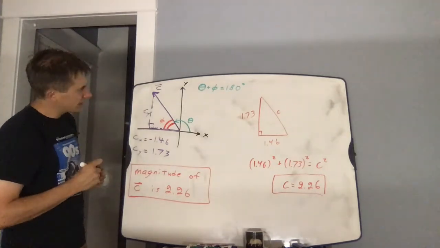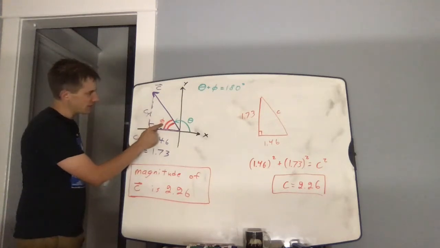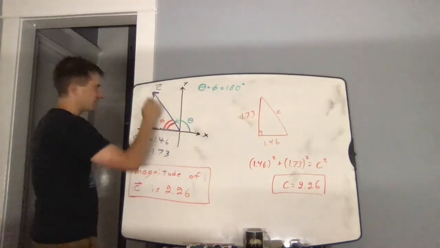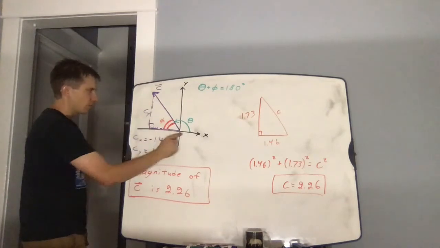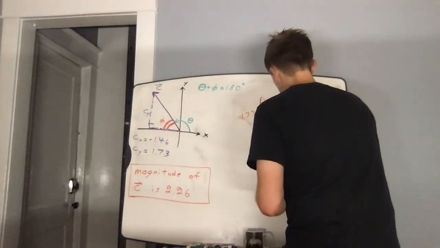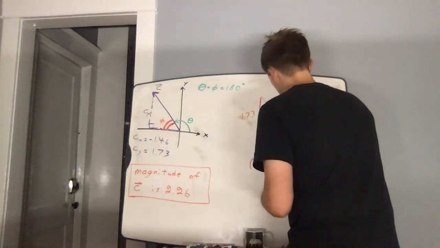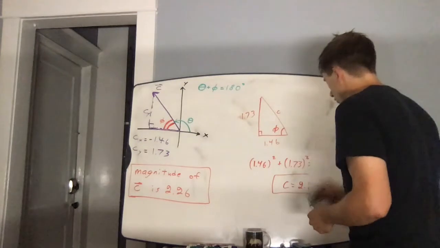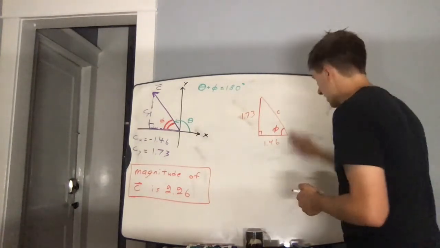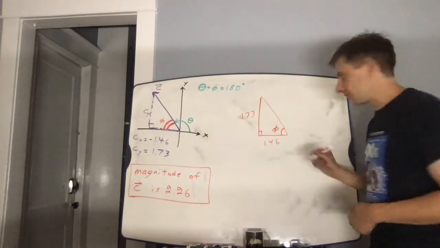So I could again use this triangle that I used here, and I notice this triangle lines up very nicely with this triangle over here. So I could just write in phi over here. How would I find what this angle phi is? I would have to use some inverse trig function.